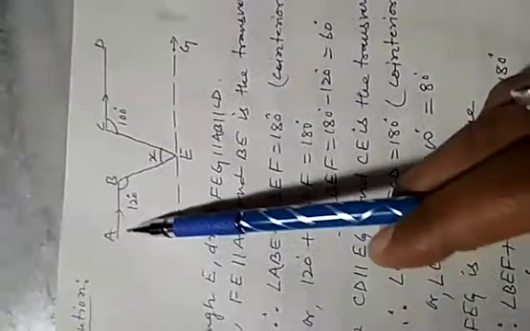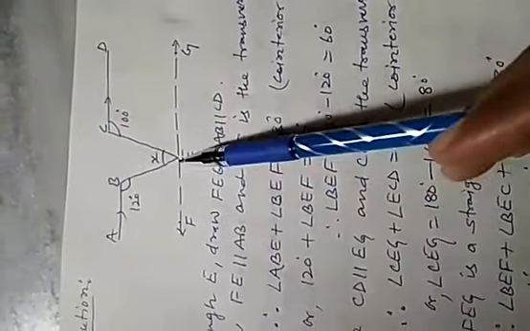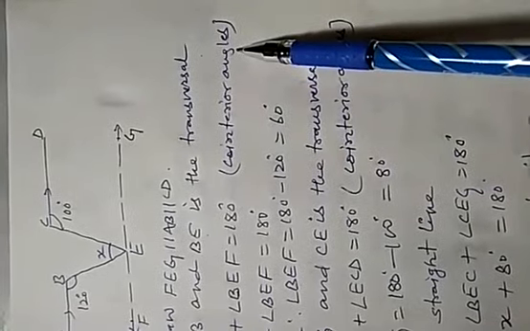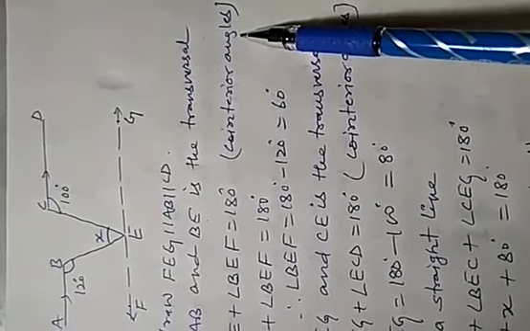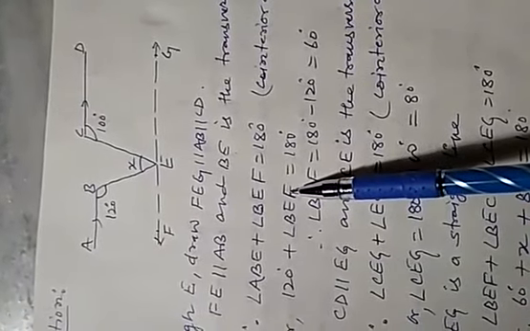Therefore, angle ABE and angle BEF is equal to 180 degrees. Co-interior angles. ABE is equal to 120 degrees. Angle BEF is equal to 180 degrees minus 120 degrees, which is equal to 60 degrees.